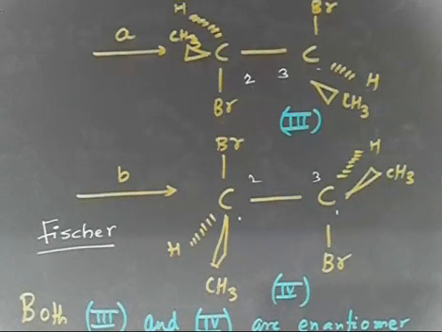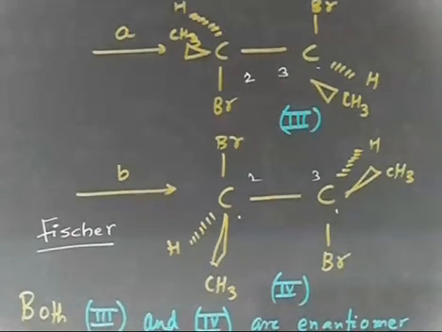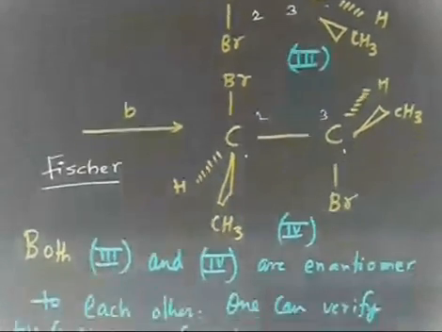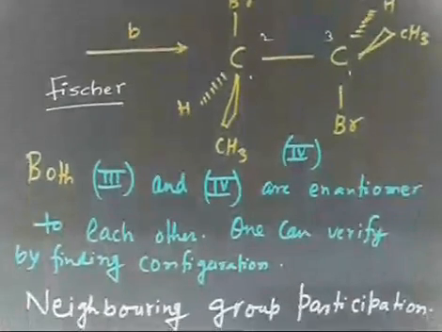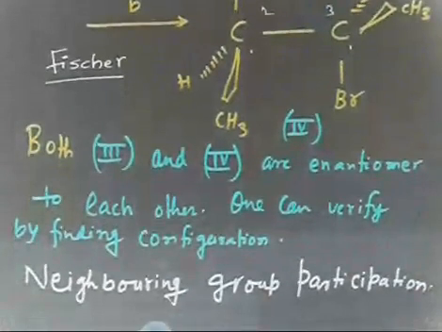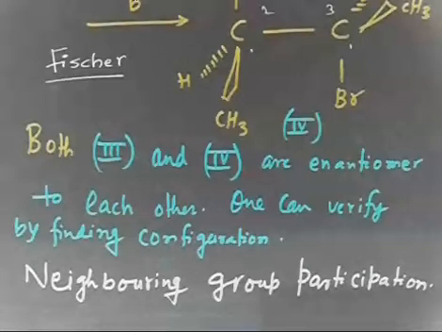So this is called neighboring group participation. So you see 3 and 4 are enantiomers of each other. One can verify by finding the configuration, or one can find using the Fischer projection formula. And this concept which we have discussed is called neighboring group participation. So this is all about neighboring group participation.